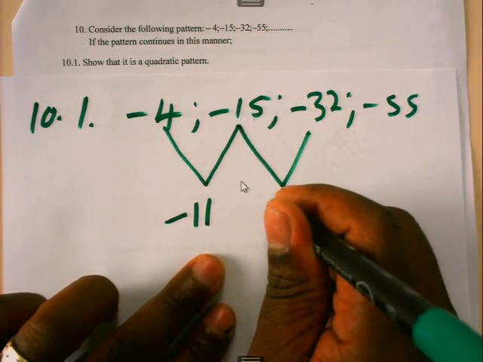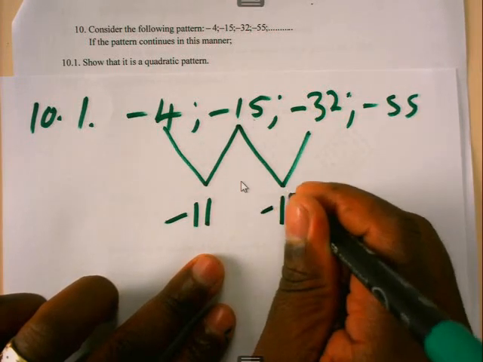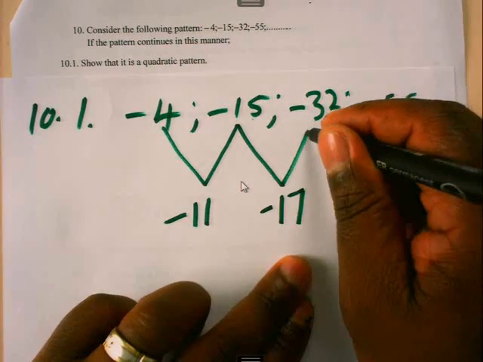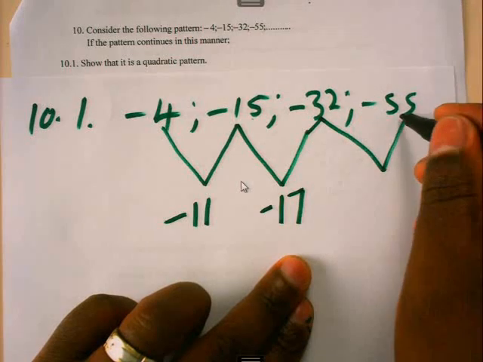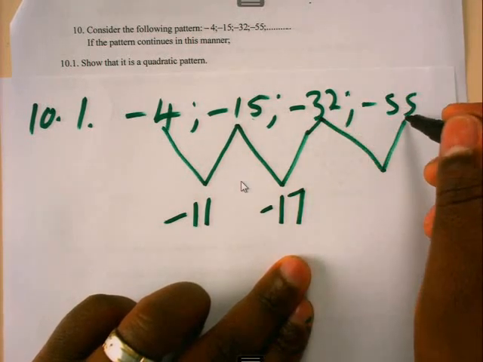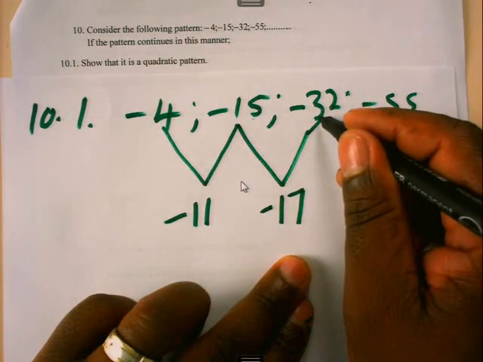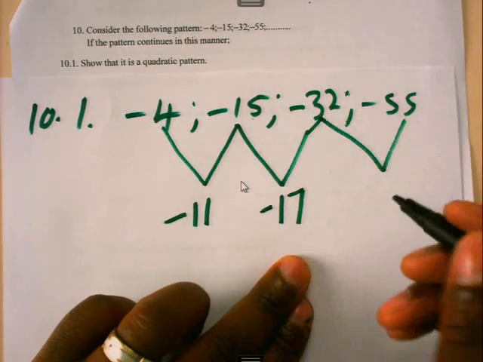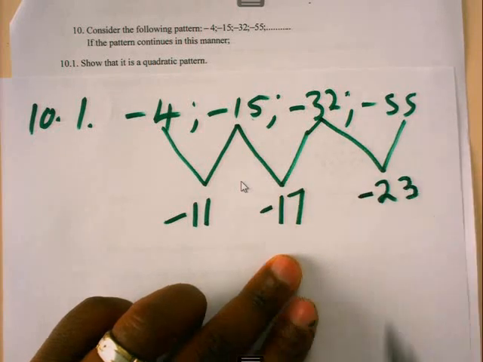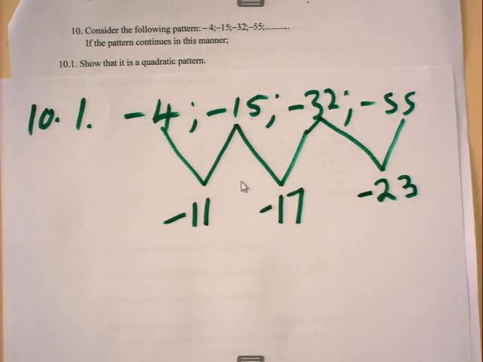If you subtract, you've got -17. -55, subtract -32. If you subtract properly, you end up with -23. That is the first difference.